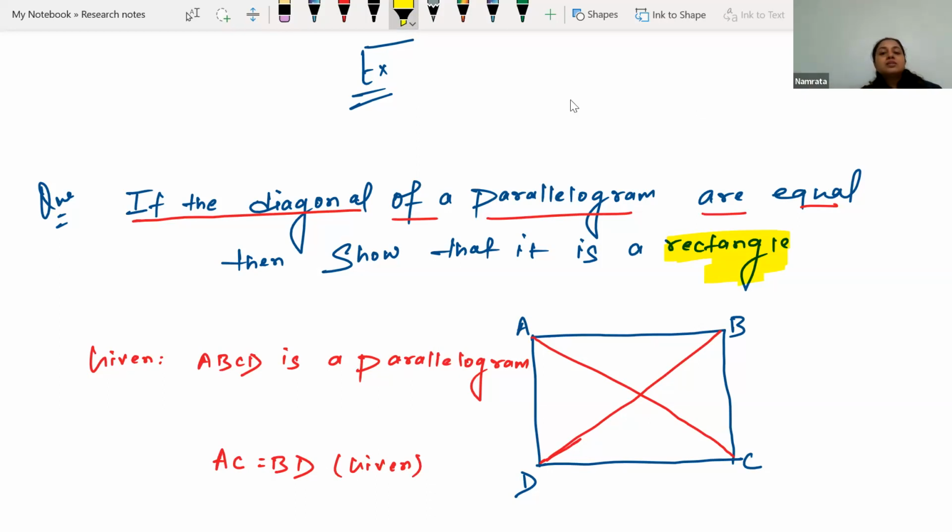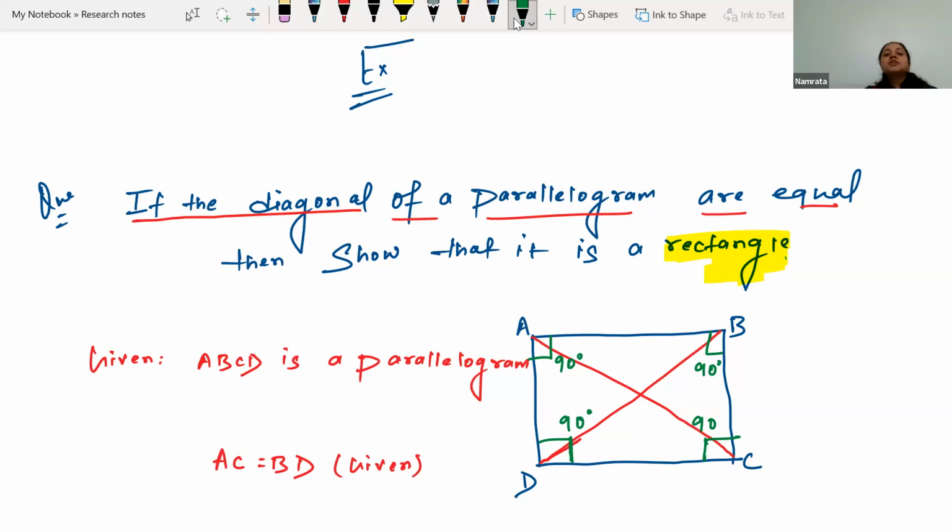Apart from having all the qualities of a parallelogram, a rectangle has each and every interior angle 90 degrees. Yes or no? Yes, ma'am. So if we prove that this parallelogram has each interior angle as 90 degrees, then it will be a rectangle, right? Yes. Getting it? Understood the theorem first?